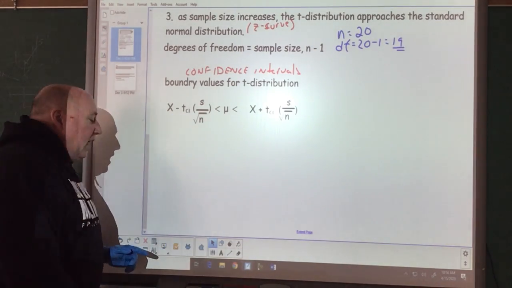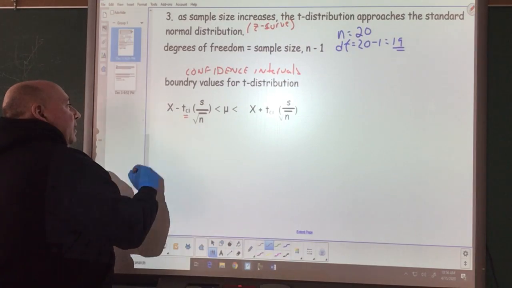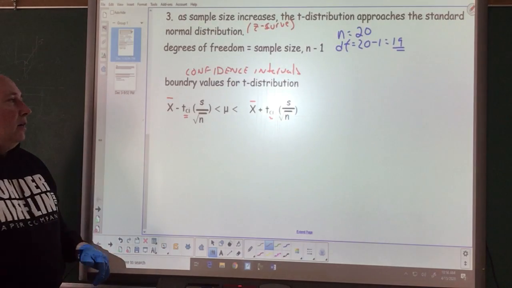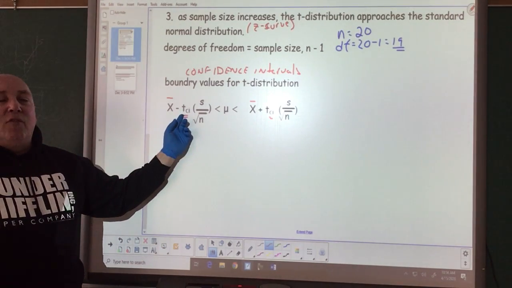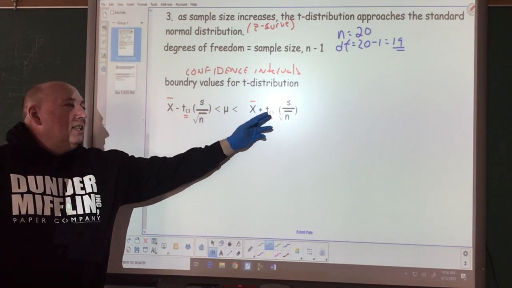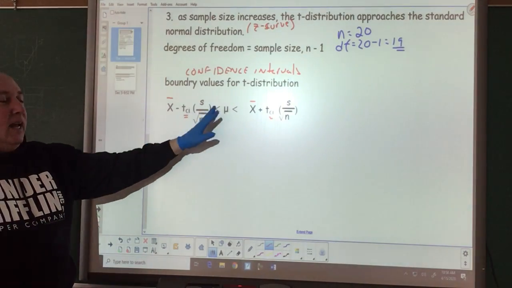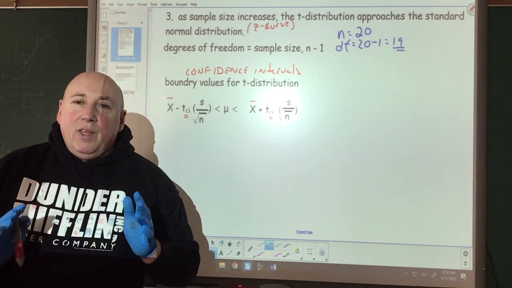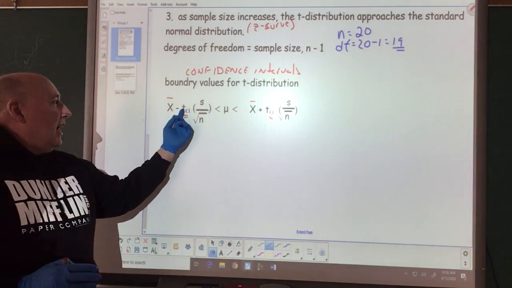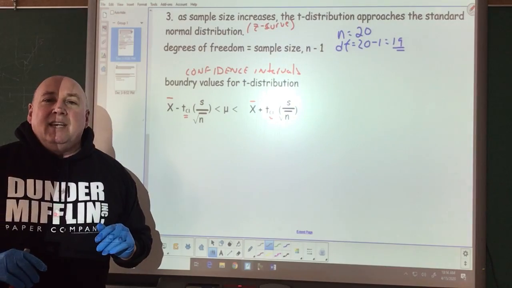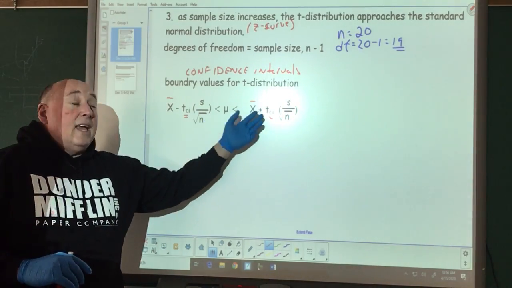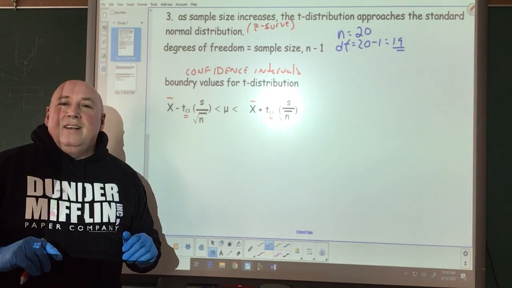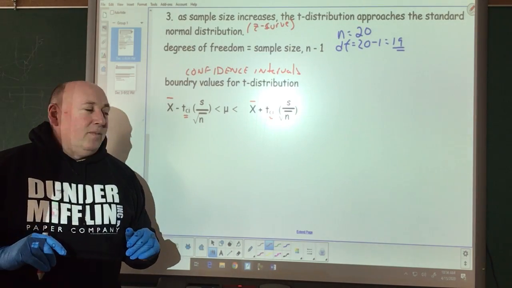But the only change that we have is, these are x bars, we have our t for the confidence interval rather than the z for the confidence interval. So it looks exactly the same as what we just did. The only thing that's different is I'm taking out the z and replacing it with a t. That's all we've done.